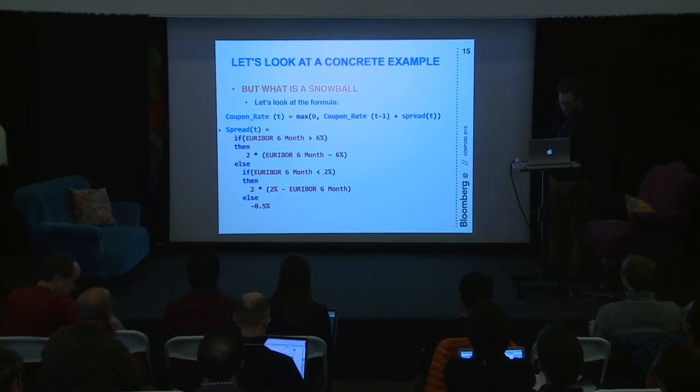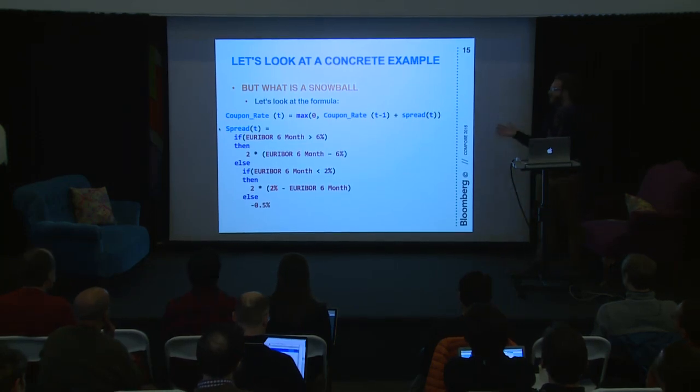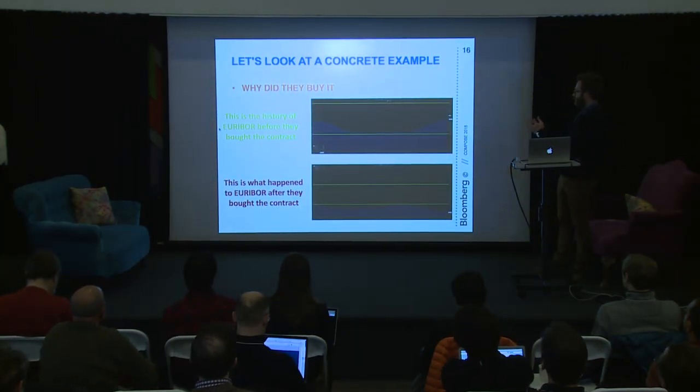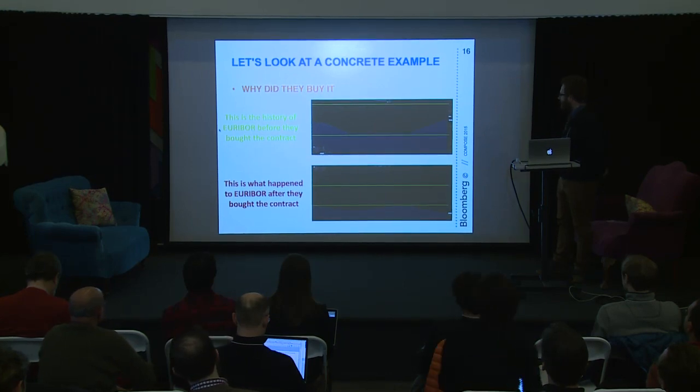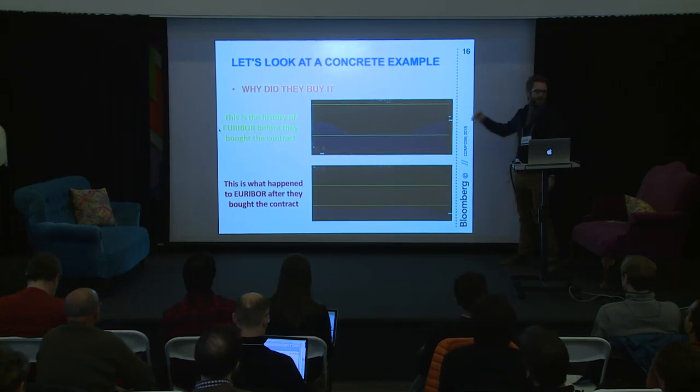So obviously there is a good situation, right? If it stays between 2 and 6%, that's it. You're good. You never pay any money. You keep being at 0, no problem. Life is good. So when they actually bought the contract, that's what the history of Euribor 6 months was.